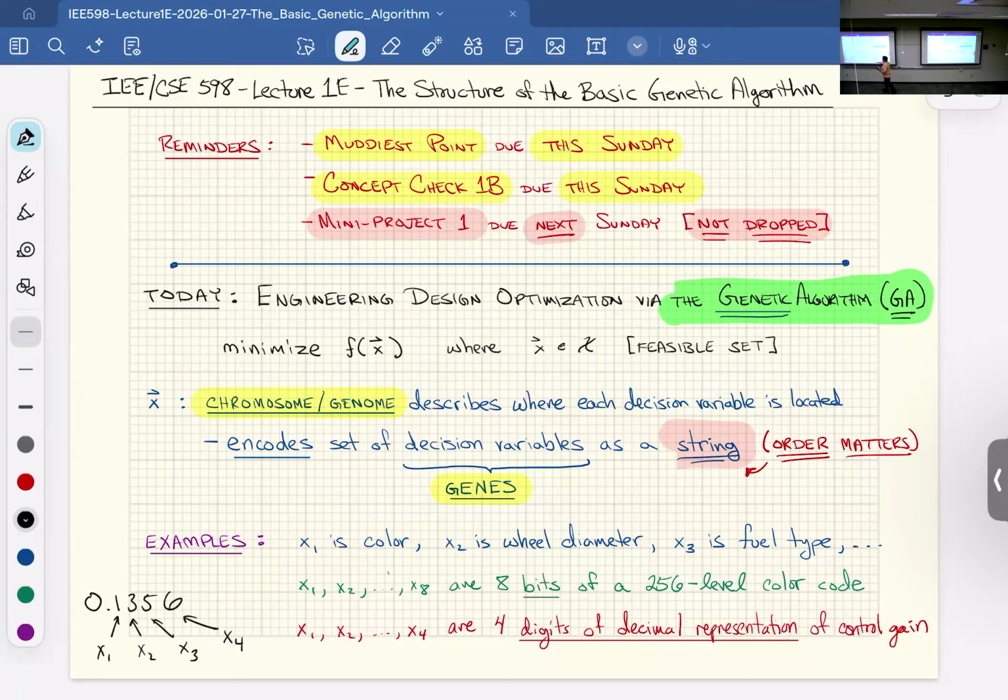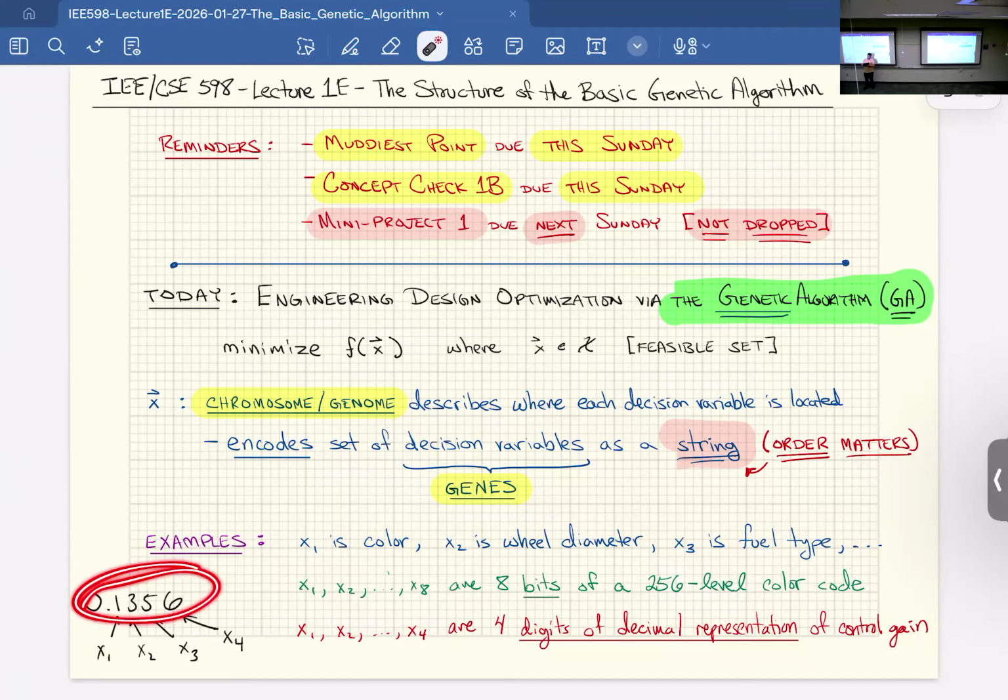If I just had this as x1 and I wanted to mutate it and explore, I might just have to add noise to that single number. So this is my individual, and if I want to try another individual, my only option is to add some sort of noise to this individual. But once I break this individual up into this string, then now I can mutate each digit separately.